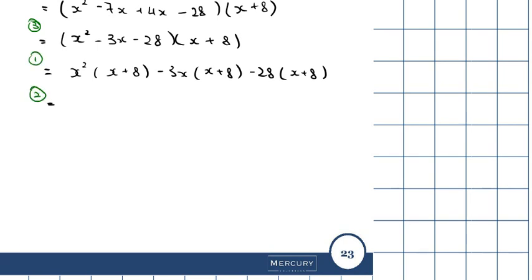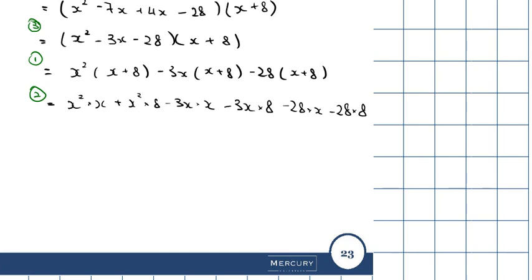So here I have x squared times x plus x squared times 8, minus 3x times x. And then here I'm going to take care: minus 3x times 8. Here minus 28 times x, then minus 28 times 8.